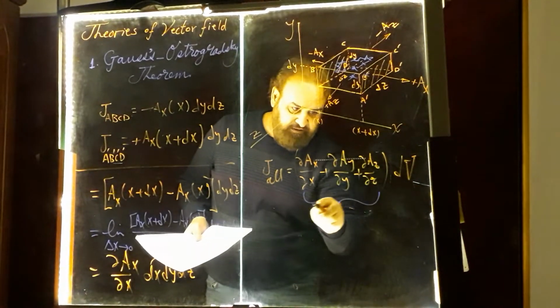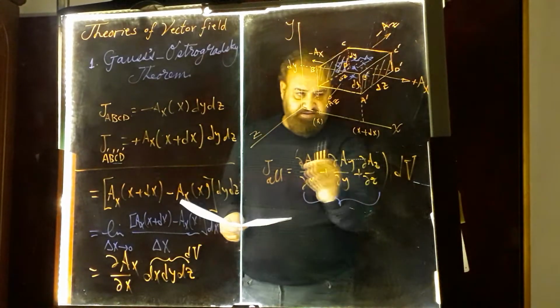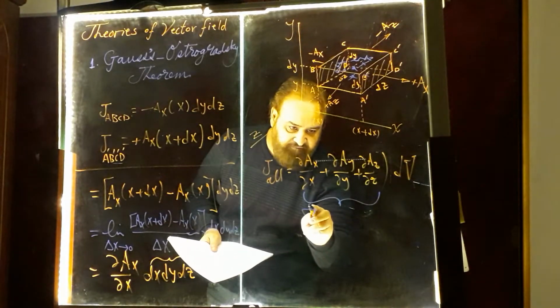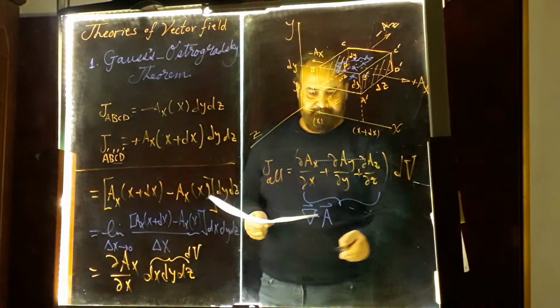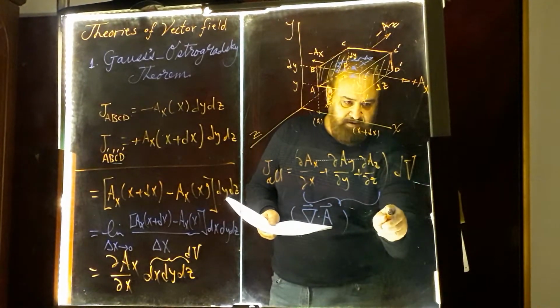I can express this bracket as the divergence of the vector field A. And this is dV.